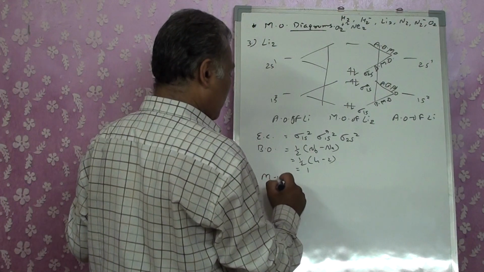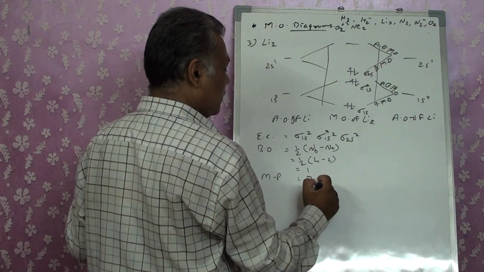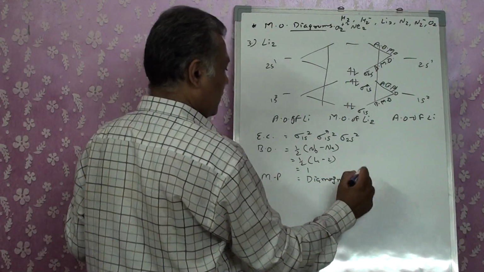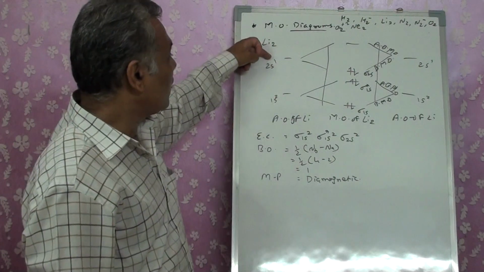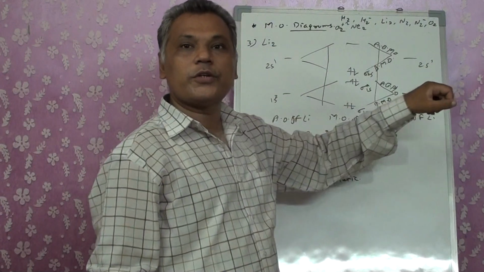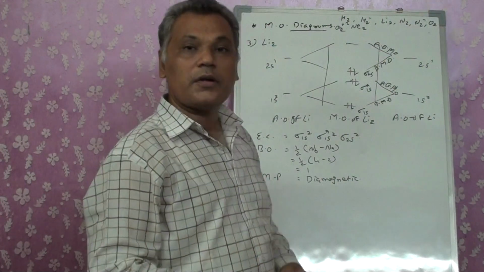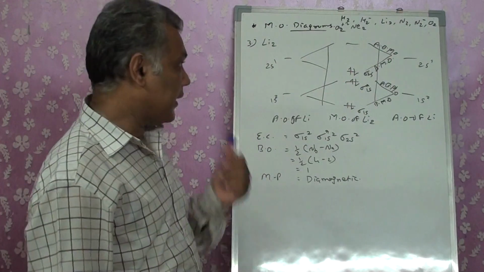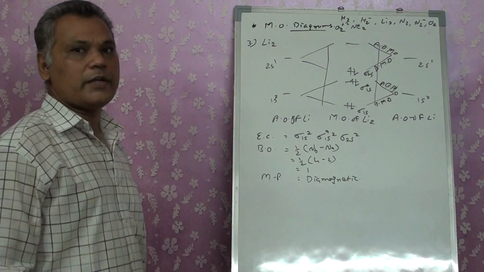And magnetic property, all the electrons are paired, so it's diamagnetic. Okay, for beryllium, if I want to draw it, 1s2, 2s2, 2 more electrons, 0 bond order, right? So only the electrons will be kept on adding. Up to this we don't have any hesitations, we can draw it very easily.